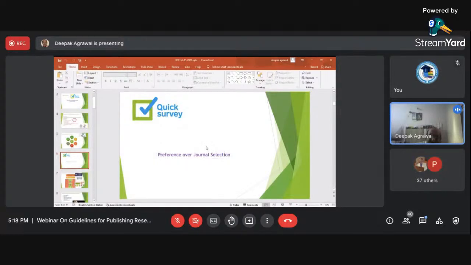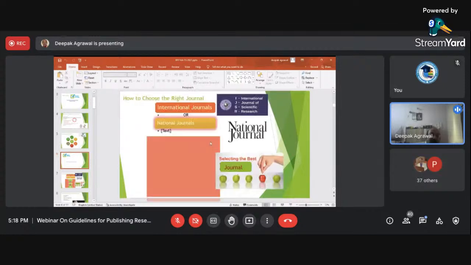So it may be recommended, or even it may not be recommended, for amateurs to get involved in international journals. But if your work is good enough quality-wise, definitely you should move for international publications. So we are now going to discuss the selection amongst international journals and national journals.